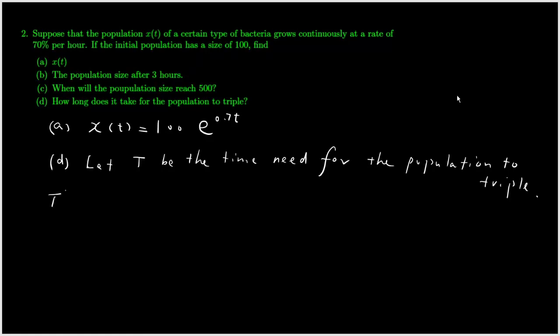Now let's get an equation of uppercase T. Now let's think, at any time lowercase t, the population size is given by 100 times e to the power of 0.7t. So this is the population at time t.